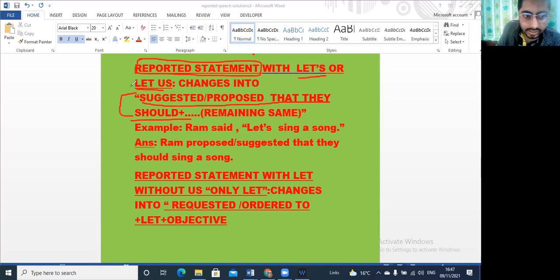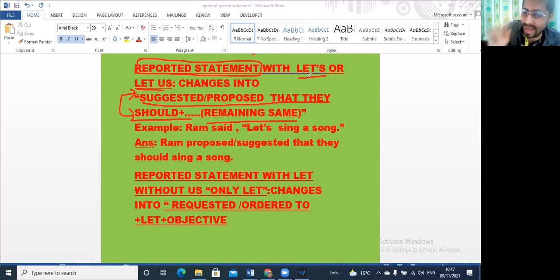concept, a phrasal sentence. And the remaining rules are the same. Just like in the place of let's, we have to replace let's or let us by suggested or proposed that they should plus blah blah blah.